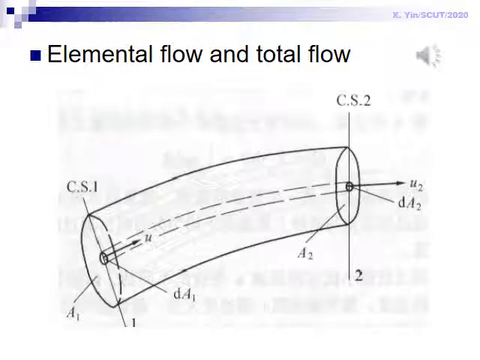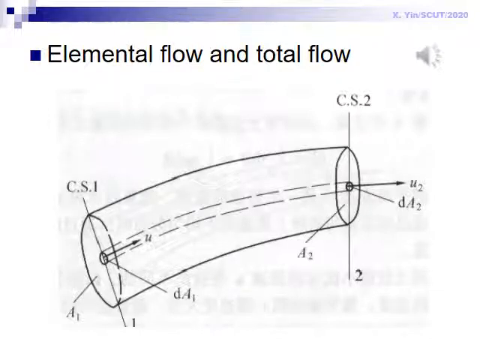So discharge cross-sections of elemental flow are dA1 and dA2 respectively. The area of dA1 is so small that we can treat it as a geometric point with a point velocity u1 on it. So does dA2.